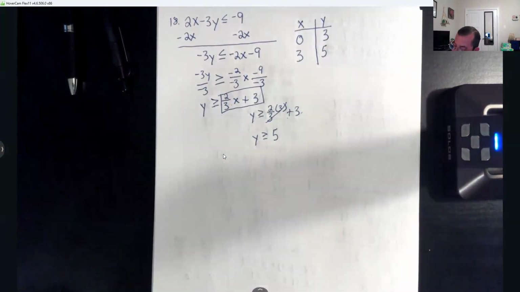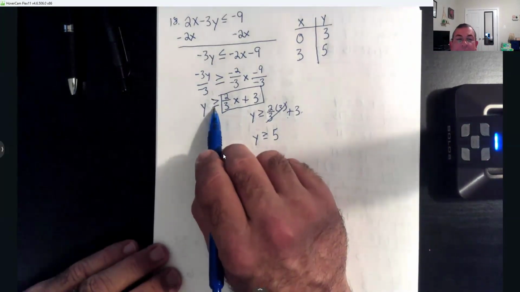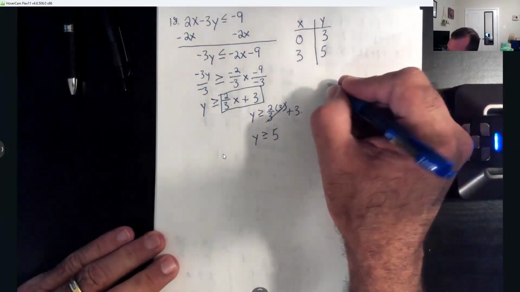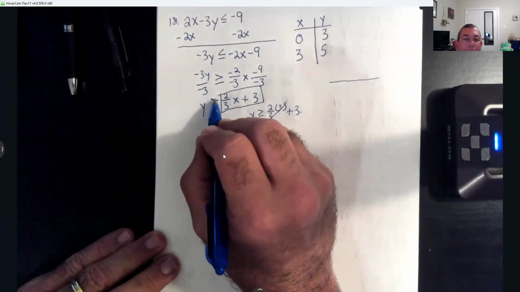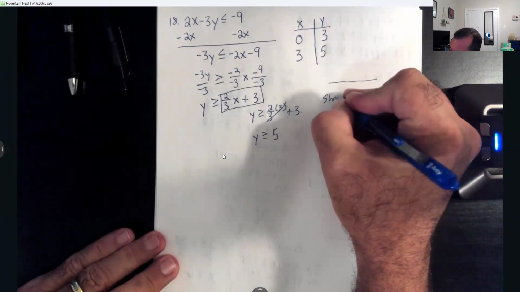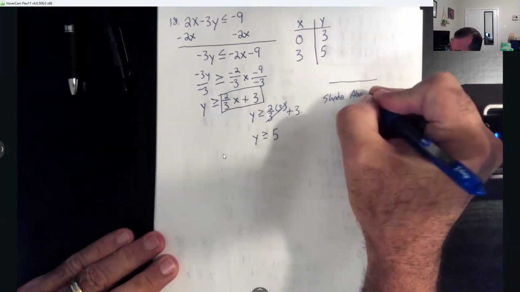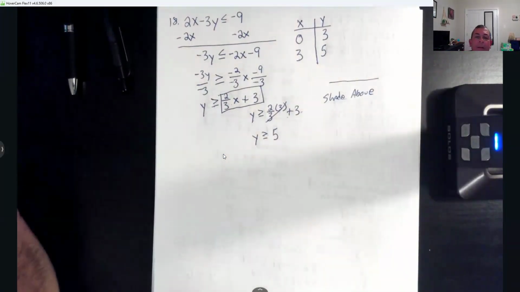So I've got my 2 points. Now, since there's equals here, I'm going to use a solid line. And since it's greater than, I'm going to shade above. Okay? So let's go to Math Lab and put that in.